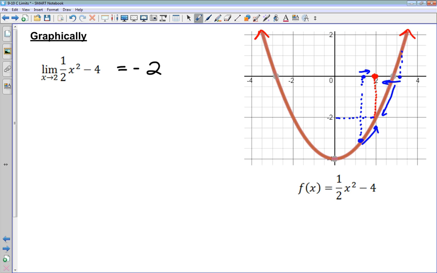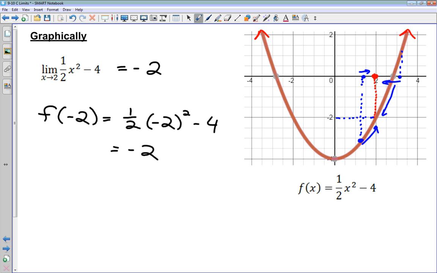So the limit as x tends to 2 of 1/2 x squared minus 4 is -2. In this case, we could just evaluate our function at 2, and that would give us the same answer: 1/2 times 2 squared minus 4, which is -2.